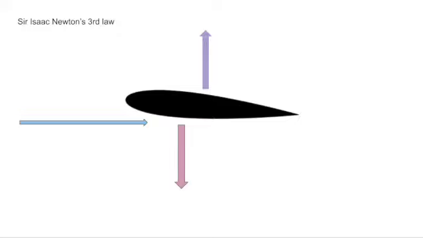For every action, the action here in this case is the relative wind hitting the bottom of the airfoil and getting deflected downward. There is an equal and opposite reaction. Let's identify the equal and opposite reaction, and that is this upward force, or lift.